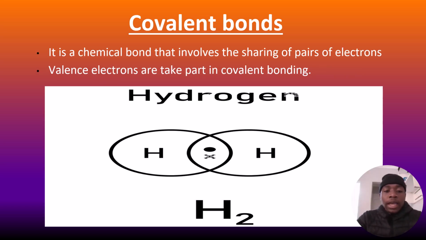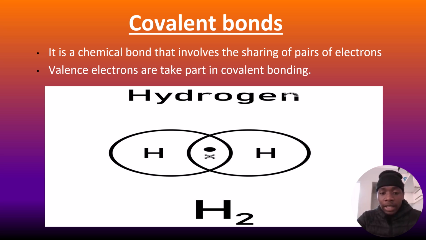Now, a covalent bond is just a chemical bond that involves the sharing of pairs of electrons. Valence electrons are the ones which take part in covalent bonding. If you can remember from the previous slide, I showed you that the Lewis diagram of hydrogen is just a single dot. Now, consider this diagram here, where we have only two hydrogens.